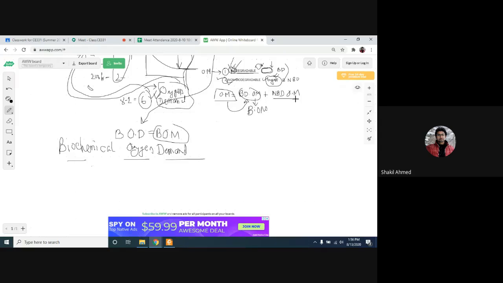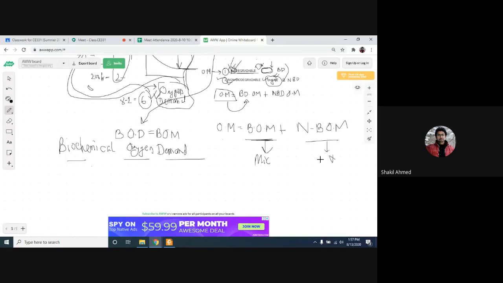And what is non-biodegradable organic matter? So organic matter can be biodegradable organic matter plus non-biodegradable organic matter. This portion is degradable by microorganisms. This portion is not degradable by microorganisms.